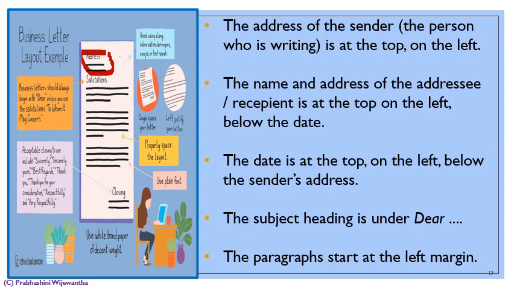Like the address of the sender, it is also on the left at the top, but the name and address of the addressee is below the date. The address of the sender is above the date.